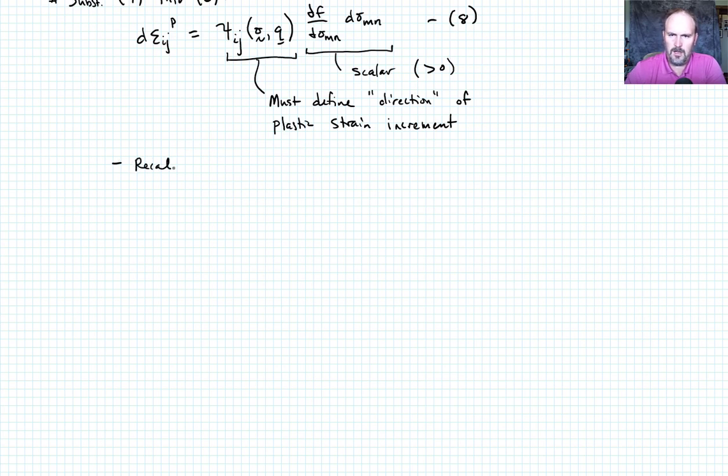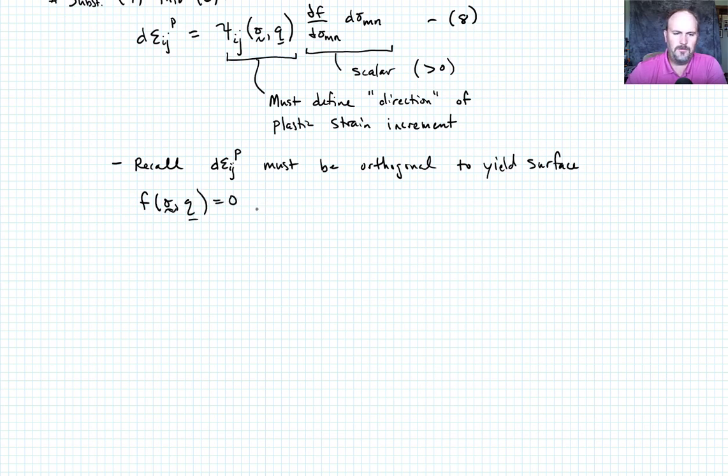I'll just say that recall that d epsilon ij p, the plastic strain increment, must be orthogonal, okay, to the yield surface, which we define as f of sigma and q, that's supposed to be a tilde, equals 0, right? Must be orthogonal to the yield surface. Okay, so that's number 1. What else do I want you to recall?